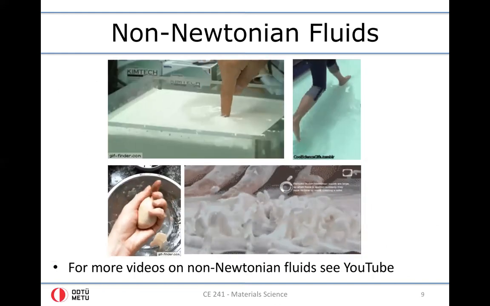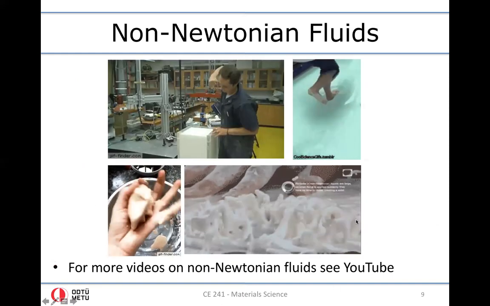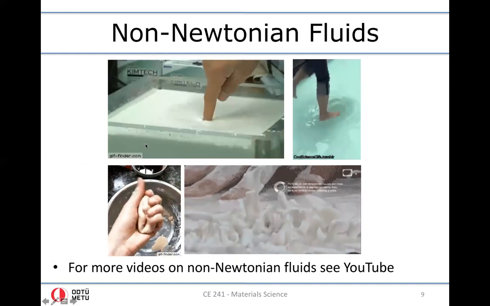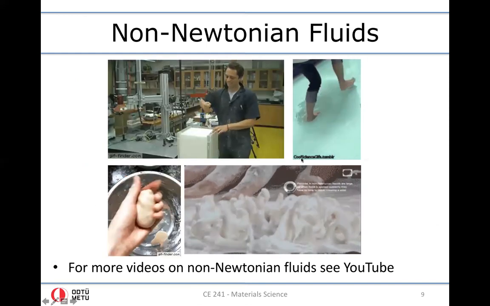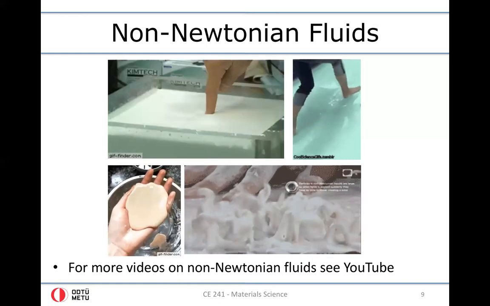In these movies, animated GIFs, you see examples of shear thickening materials that were also mentioned in the introduction lecture.